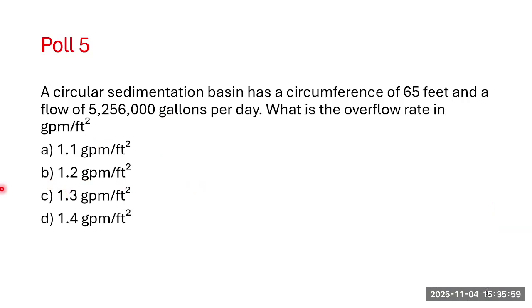The first place where that might be used is before coagulation even occurs, and oftentimes it won't be granular. It will be powdered activated carbon that's added before coagulation to remove taste and odor compounds.